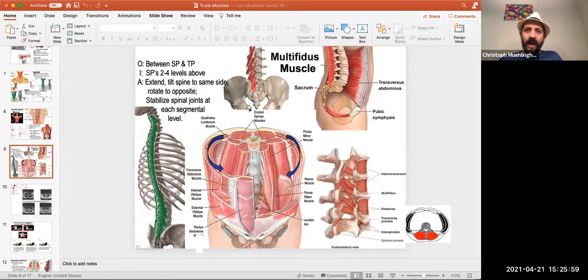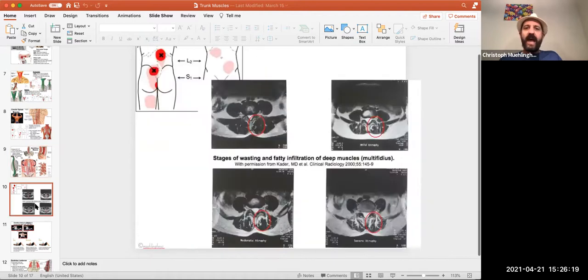And so they are going from transverse process to spinous process. So they are like on the spine. Multi means many. They have many little heads. Fidus means head. And they contract every little segment and make sure you have stability in the spine. And so that muscle is one that weakens if we had back pain.